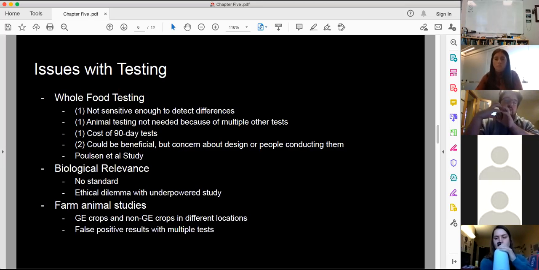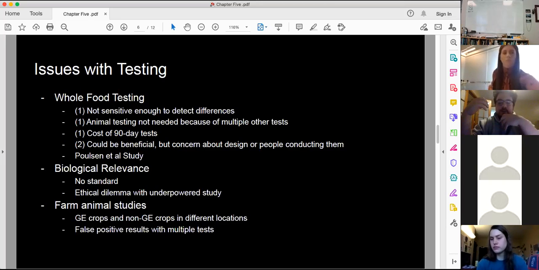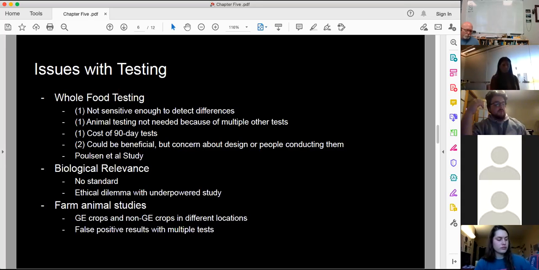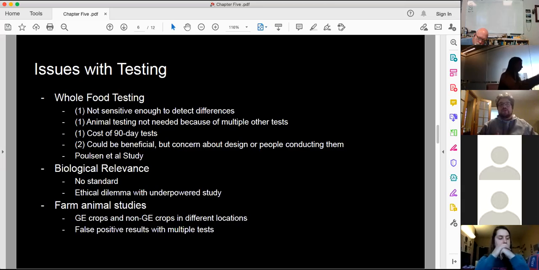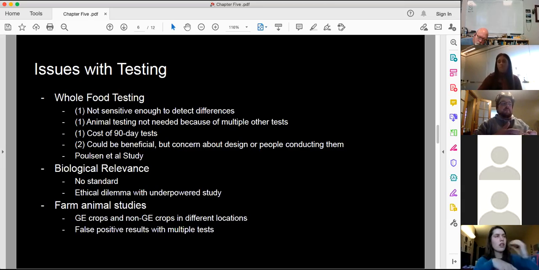The problem with whole food testing in particular is that there are two big schools of thought. In the first, the tests weren't sensitive enough to detect differences. A lot of the toxins that they were measuring didn't show up. If they put a known toxin in the food, saying we know this causes issues, let's see what it does, it wouldn't show much of a change, which means that if there was a toxin they didn't know about, the result is inconclusive.